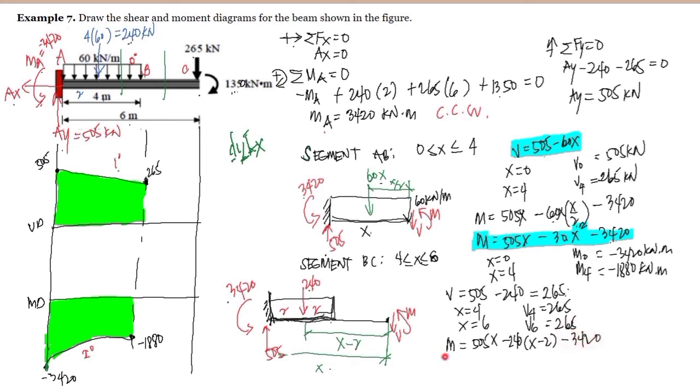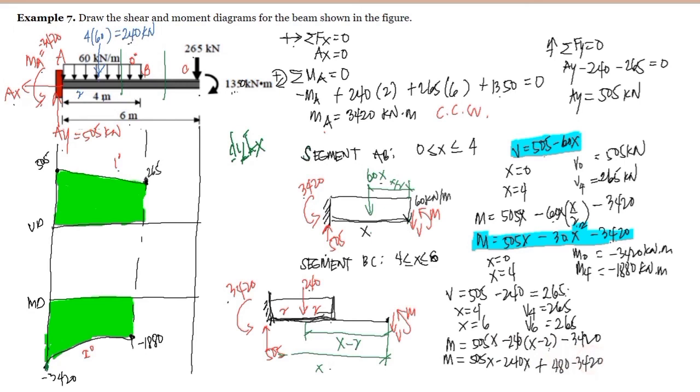So simplifying the equation of the moment, we have here 505x minus 240x plus 240 times 2, so that's 480, minus 3420.